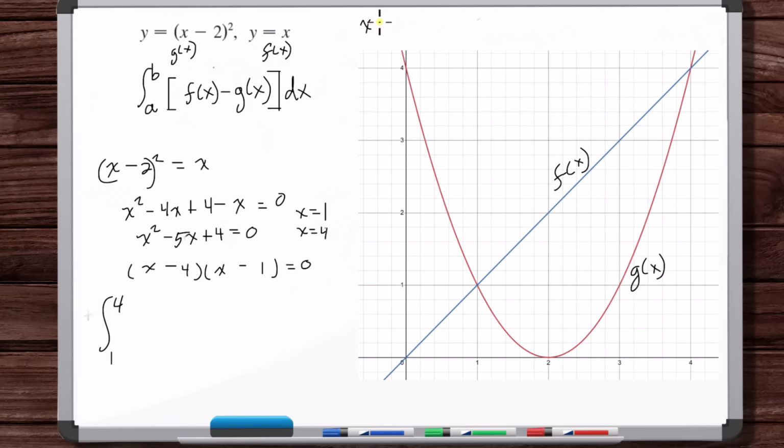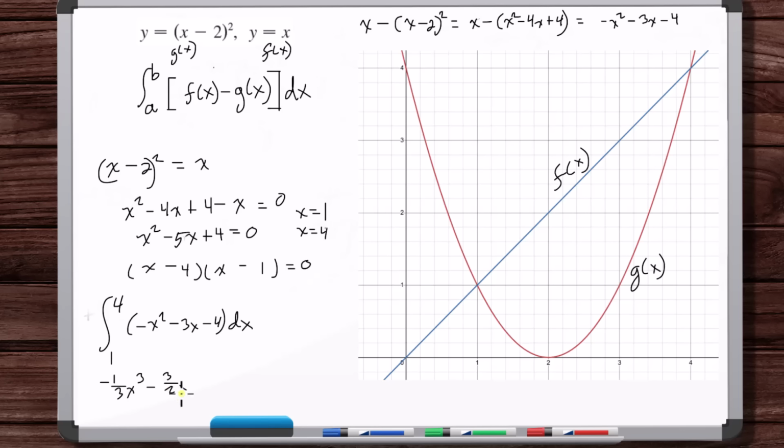Let's do that over here. x minus (x squared minus 4x plus 4). Okay, so this is minus x squared plus 3x minus 4. Yeah. Okay, so there we go. So this is minus 1/3 x cubed minus 3/2 x squared minus 4x.